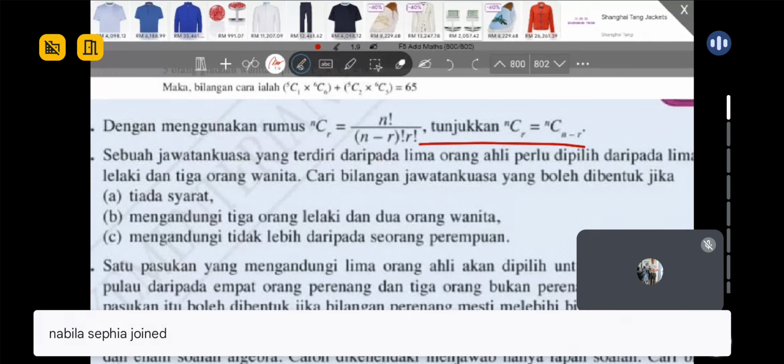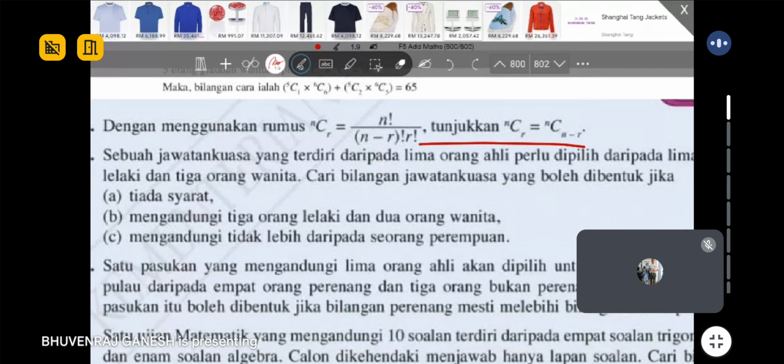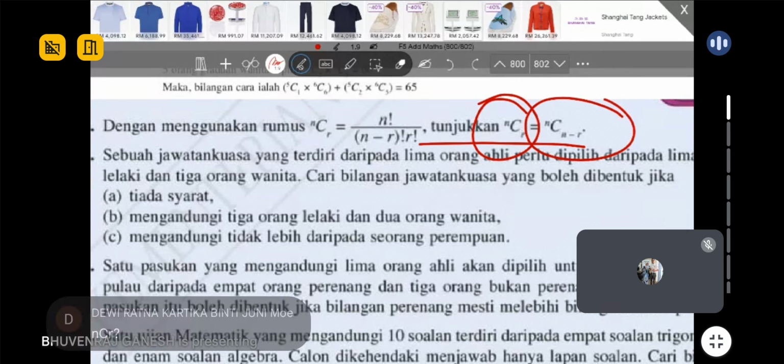Macam mana kamu nak mula yang ni? Tell me, where are you going to start? Which part? Adakah kamu akan mula dari sini ataupun sini? Anyone know? Siapa tahu? Usually in a proving question, you must either start from left hand side or right hand side. Kamu kena pilih salah satu belah persamaan untuk mula.